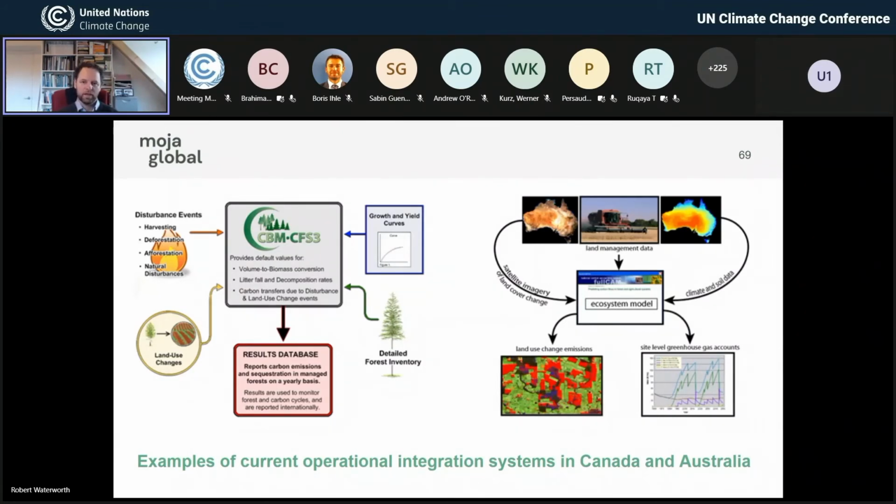It does all of the calculations reliably. And into that system, you put in your growth and yield curves, you put in your forest inventory, you put in your land use changes, and you put in all the disturbance events that have occurred. The system integrates that data and provides a highly detailed results database that is then used for international reporting, policy, all of these other things.